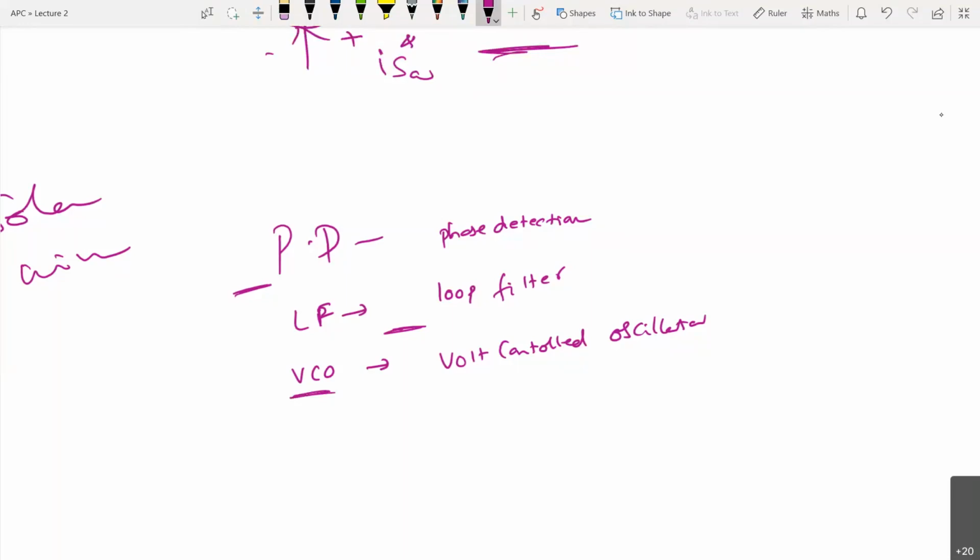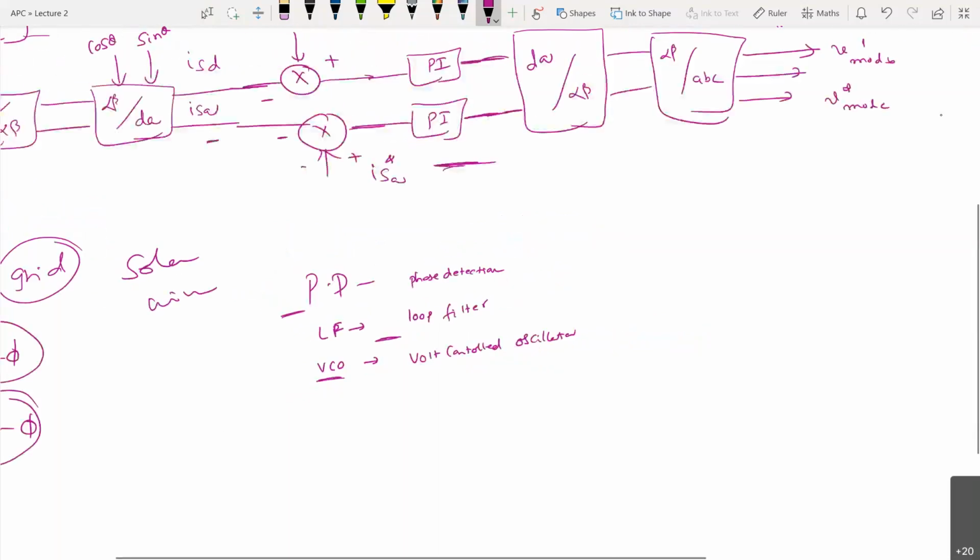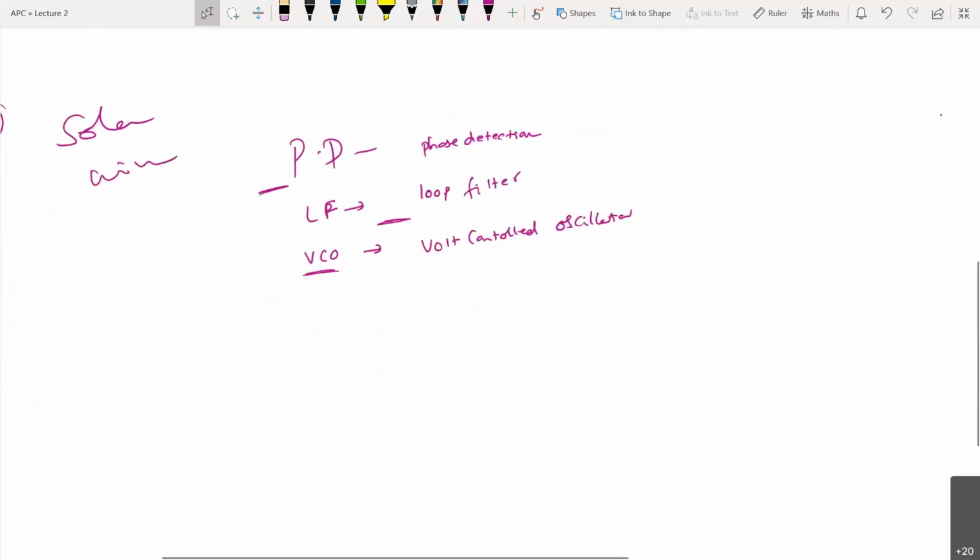Based on the input, it generates a synchronization signal. That is the purpose of the voltage controlled oscillator.